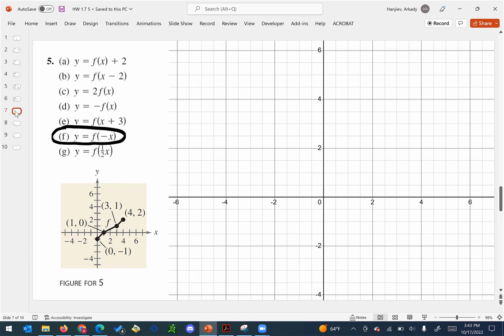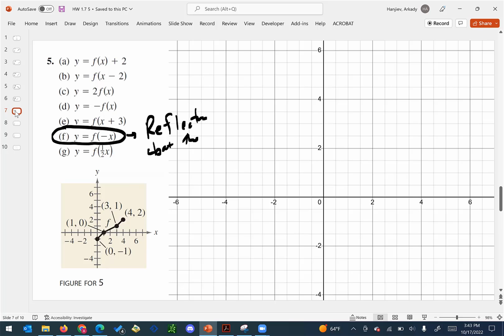What happens if you have a negative inside the function? What is that doing to the function itself? All right, in that case, what we have is a reflection. Oh, let me spell reflection correctly. About the y-axis.